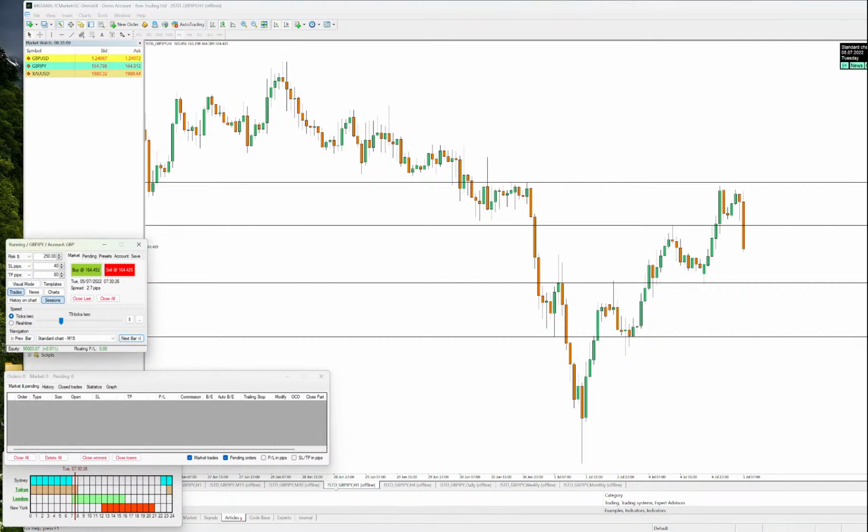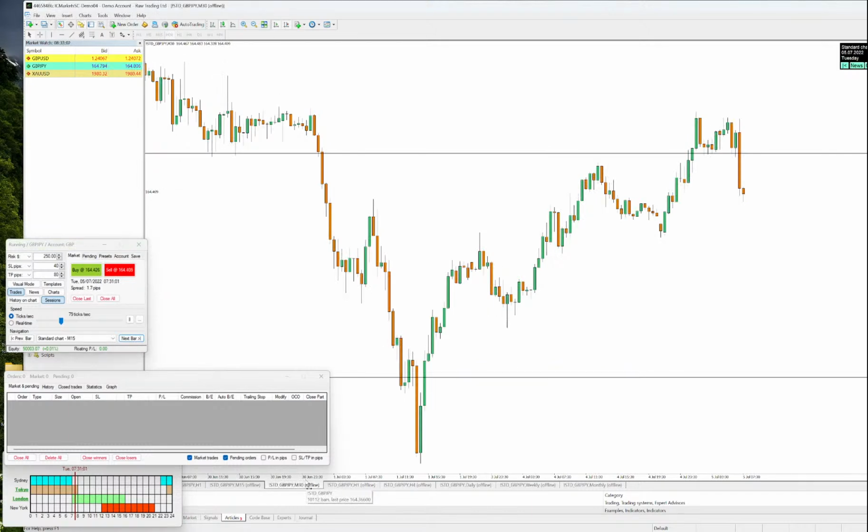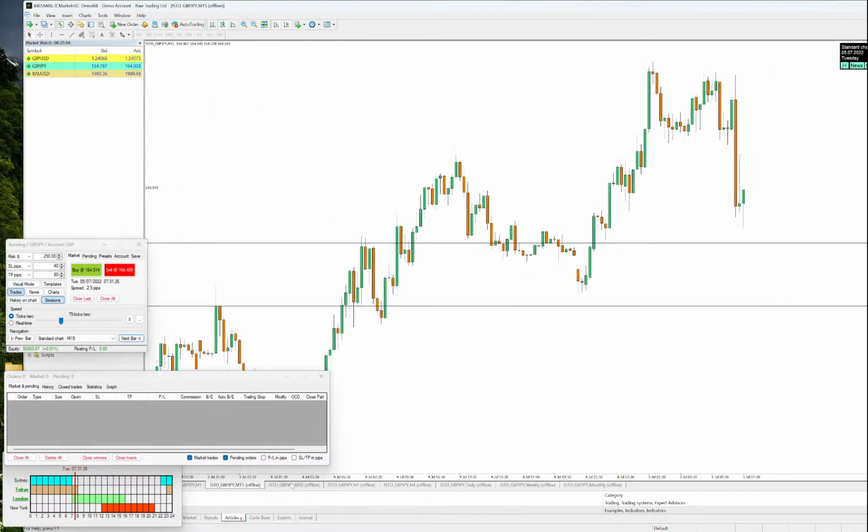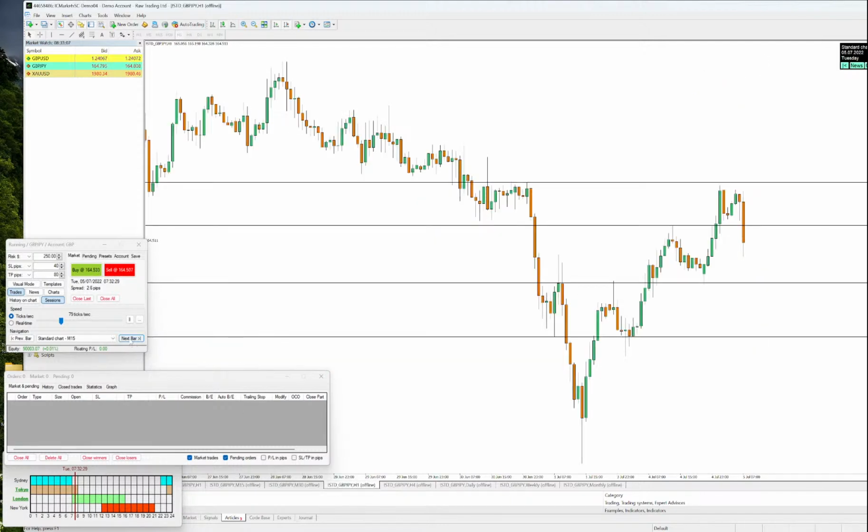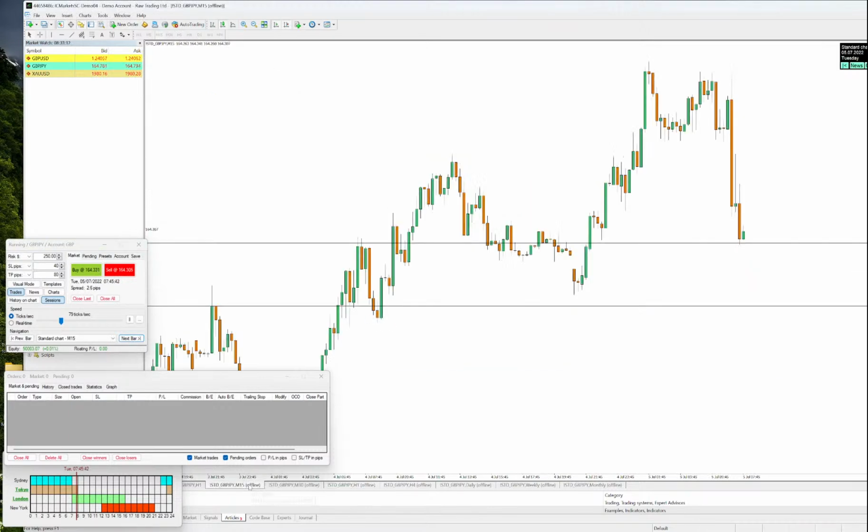So 30-minute. Look at this 30-minute candle closure. This is insane. 15-minute finding now support. 15-minute can't do anything. Pop, pop, just breaking to the downside.